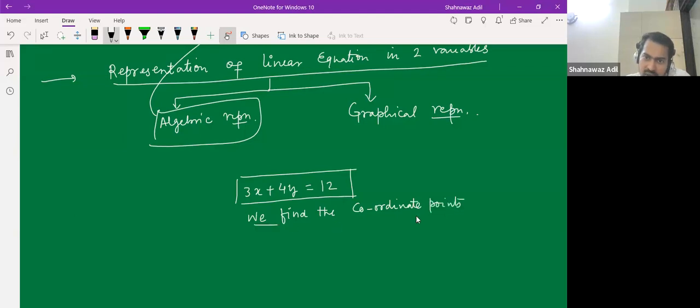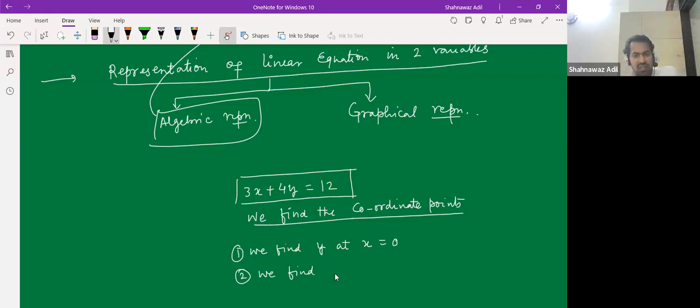And how do we do that? First we find y at x equals 0, and second we find x at y equals 0. We can choose any value, but for simplicity, we find these two values.